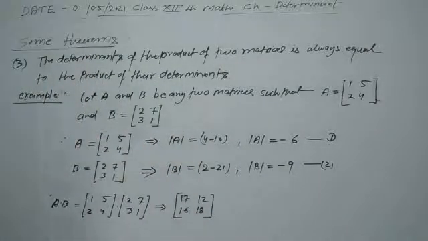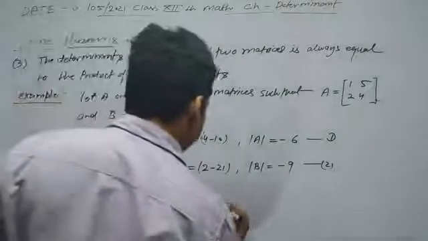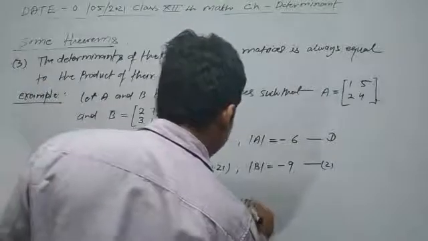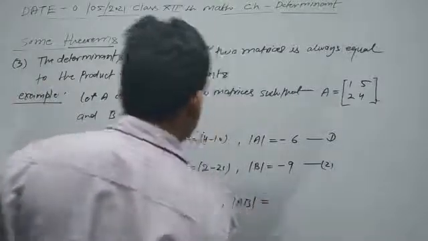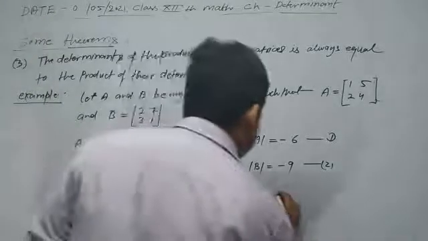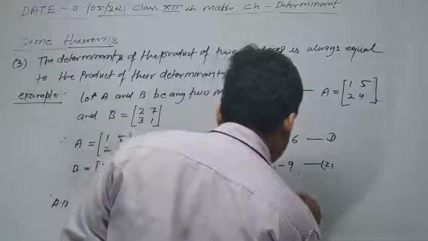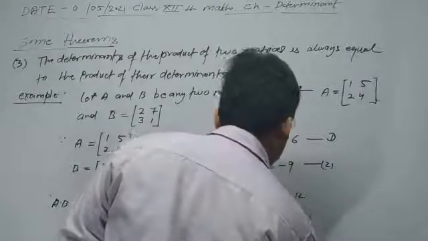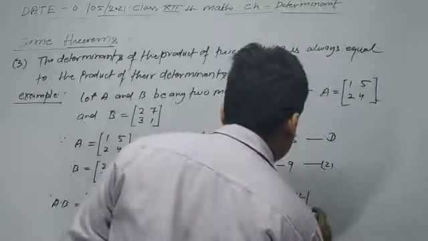So we have to solve its determinant. Determinant of AB is equal to determinant of 17 12 16 18.